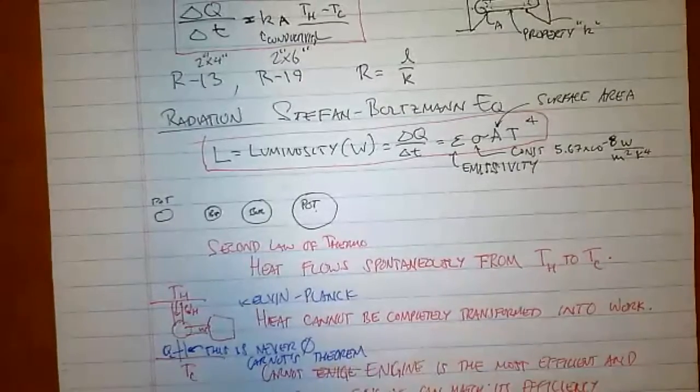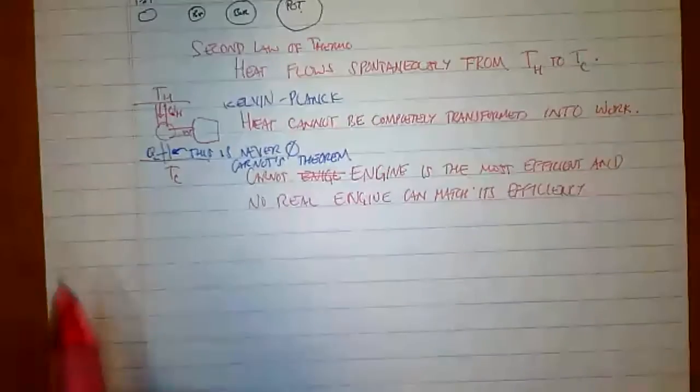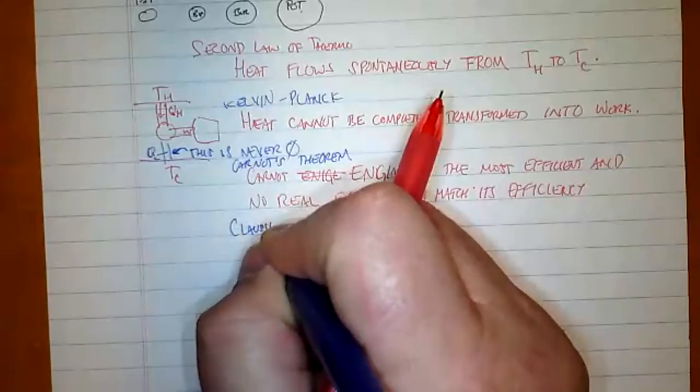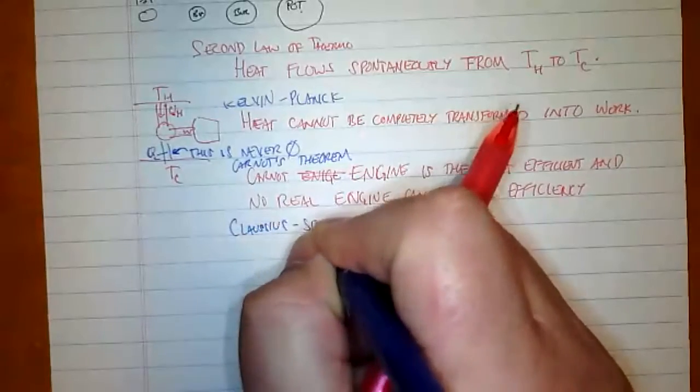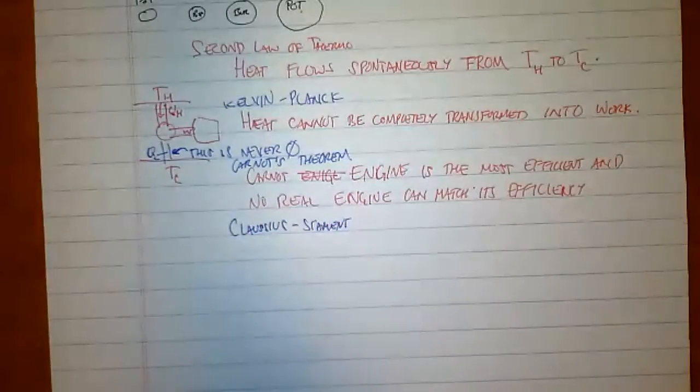So you've seen three versions now. The Clausius statement. I'll have you look up the Clausius statement. I'm going to leave it blank, let y'all do that. It's kind of long for me to write.